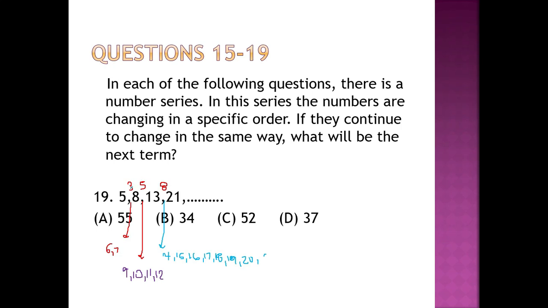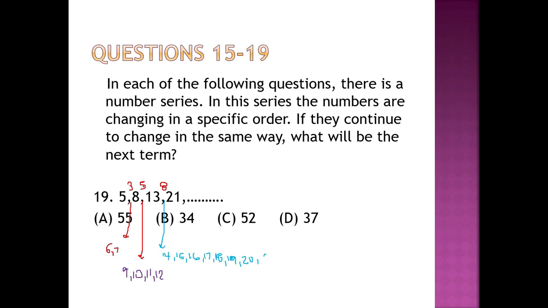So we have 3, 5, 8. Honestly, I'm not seeing any particular pattern down here, but the relationship that I can see up here is that 3 plus 5 equals 8. So if I apply that principle, I would add 5 plus 8 to figure out the difference between the next term to complete this pattern.